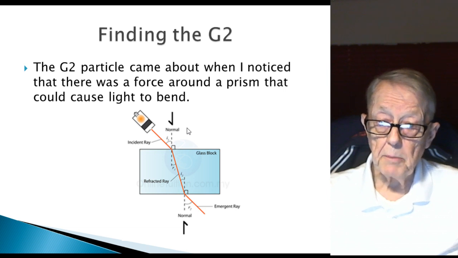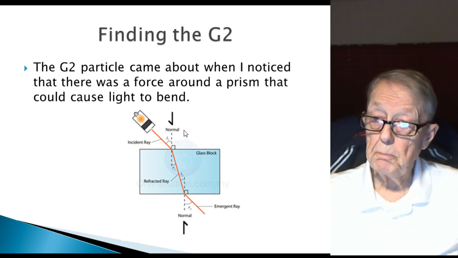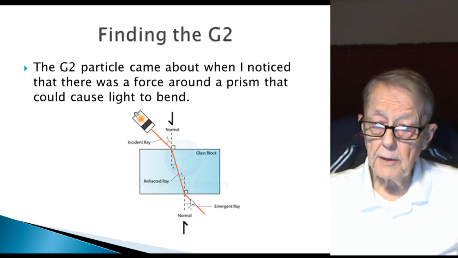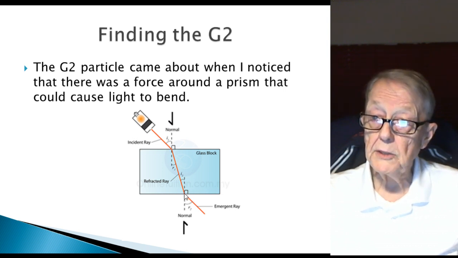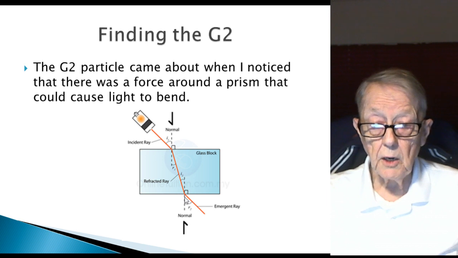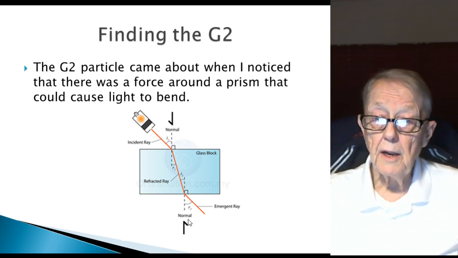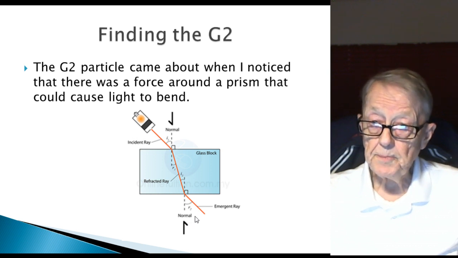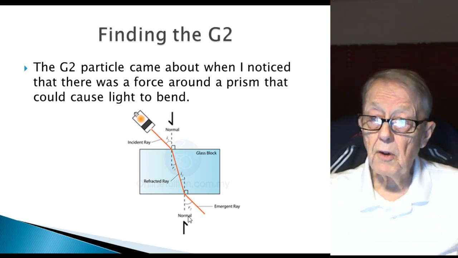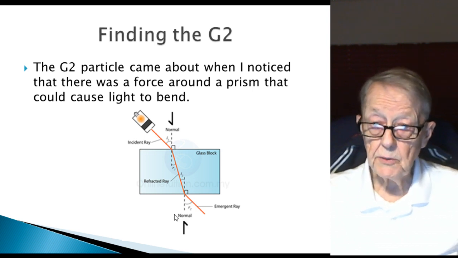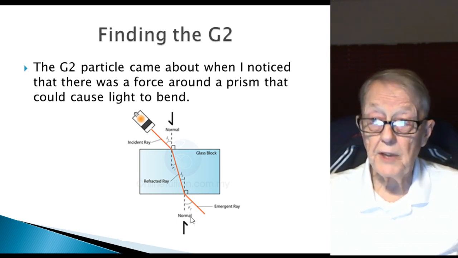I said, well, that makes sense. That's what the force should be. Then I noticed this one down here, and I said, well, wait a minute, it bends here also, so let me go ahead and draw that one. As soon as I drew that, something hit me. I had been drawing arrows like this around objects when I was doing gravity for 10 years.